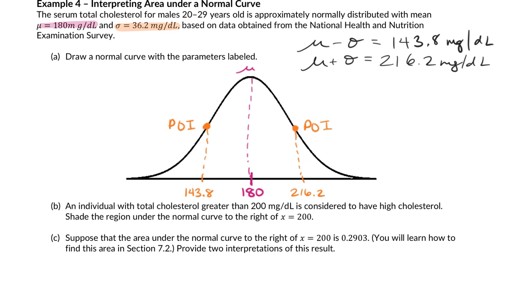Where would x go on this graph? Somewhere in between here, so we're going to estimate it's about here, draw a line, and shade in the region to the right of that, because that is all the places where cholesterol would be higher than 200.